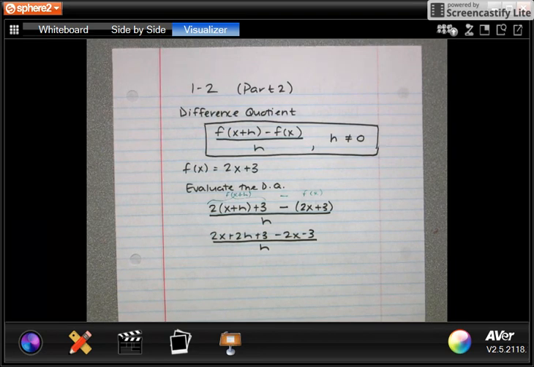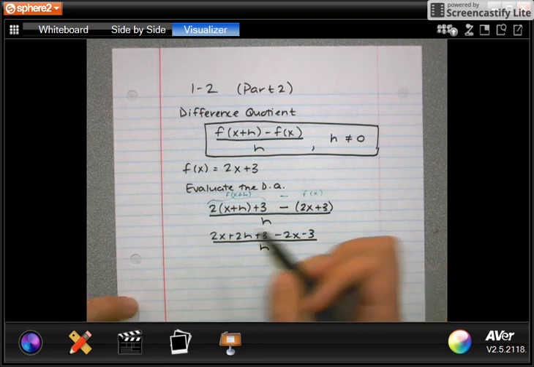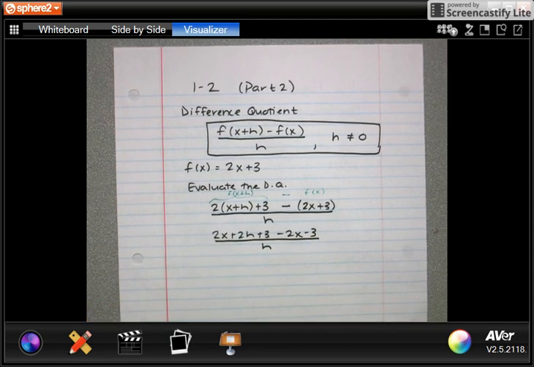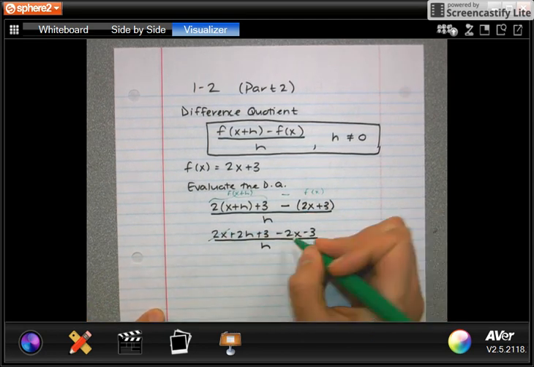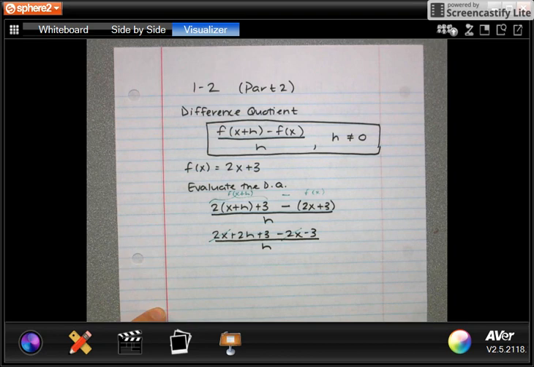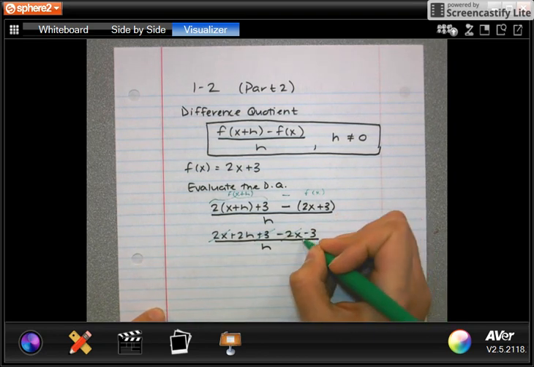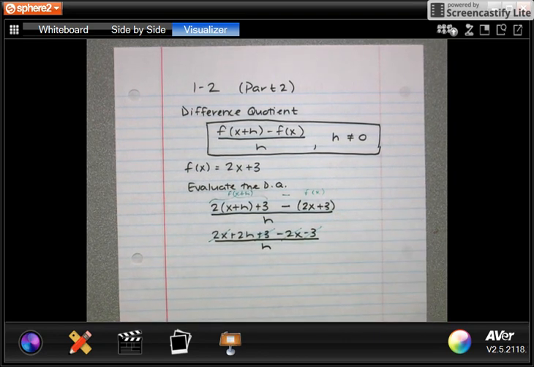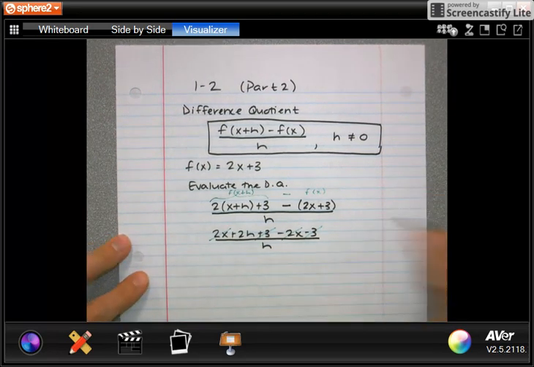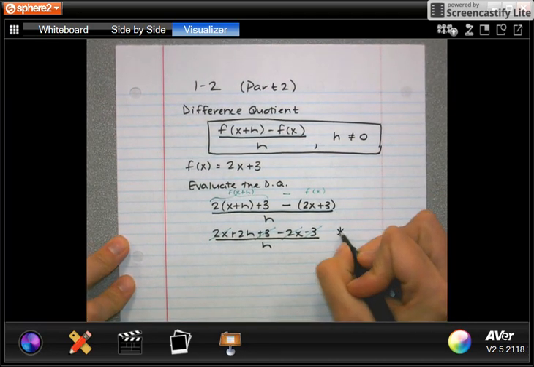Hopefully in this step, you'll see that there's some things that cancel out. For example, 2x cancels out with negative 2x. 3 cancels out with negative 3. In this step, always, everything without an h will cancel.